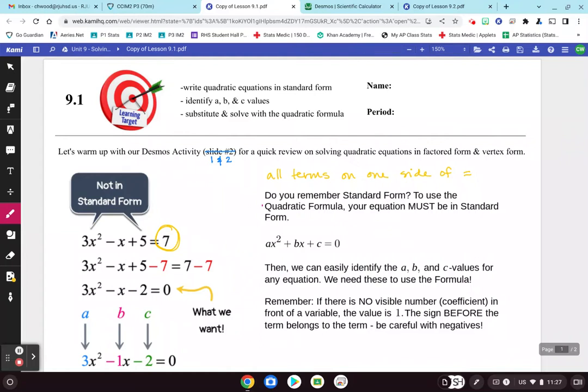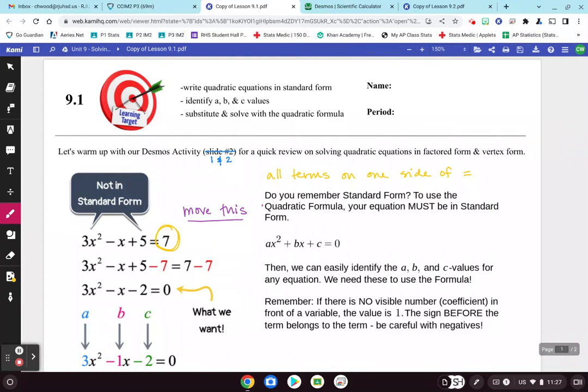So in this situation, since the majority of the terms are on the left side, we're going to want to move that -7 to the other side of the equal sign. And you guys know how to do that. You've been solving equations for a while now. So add or subtract it to the other side depending on what the original sign was.